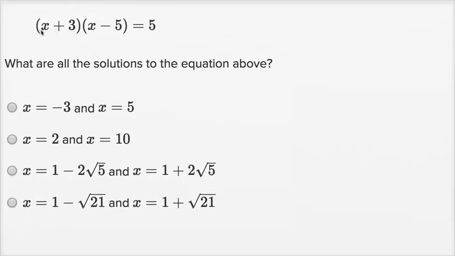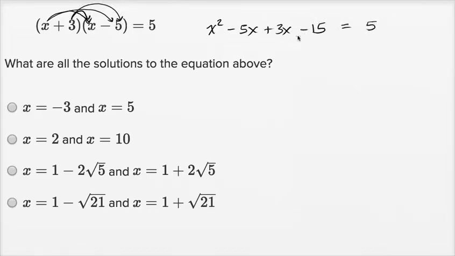So the first thing I would do is just multiply out x plus 3 times x minus 5. So what's that going to be? Well, it's going to be x times x, which is x squared, plus x times negative 5, so that's minus 5x, plus 3 times x, so that's plus 3x, plus 3 times negative 5, so it's minus 15, and that's all going to be equal to 5.